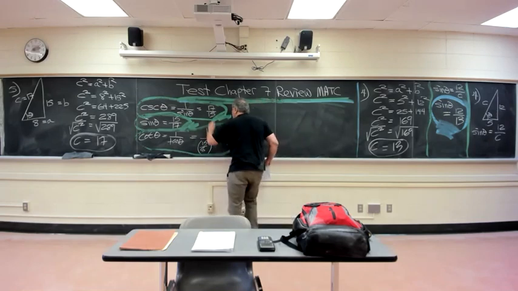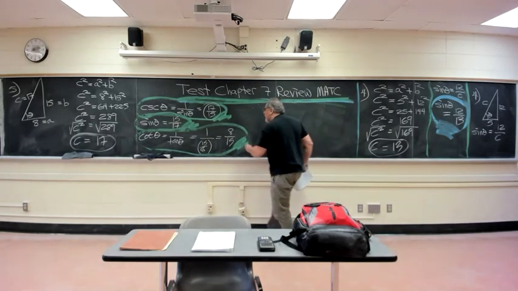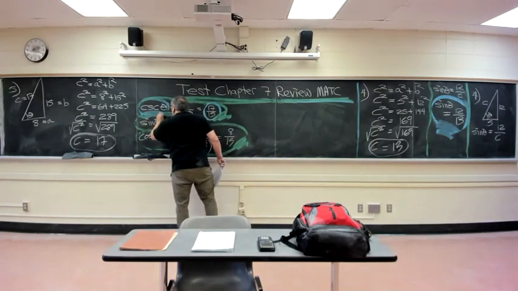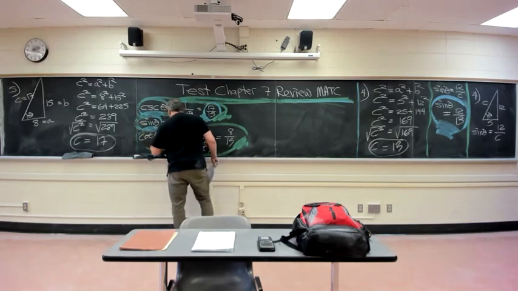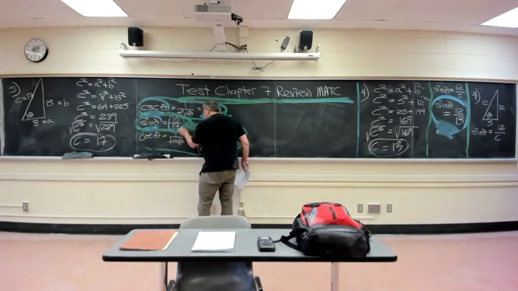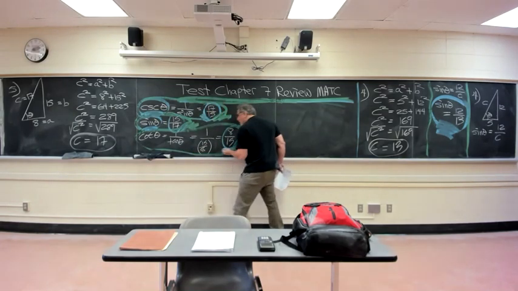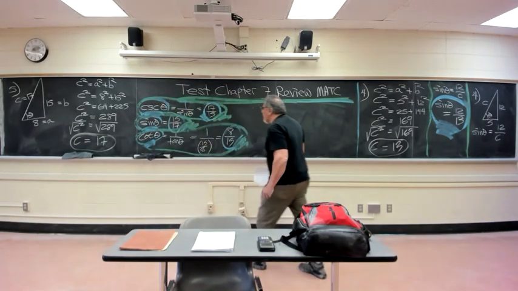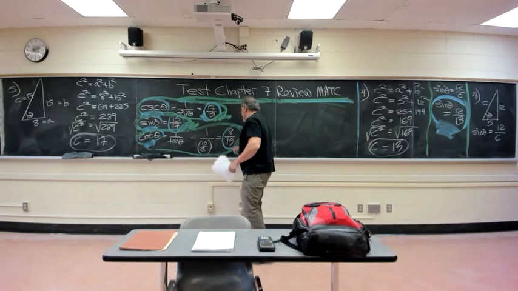Okay, so at the end of the day, cosecant of theta is 17 over 15. Sine of theta is 15 over 17. Cotangent is 8 over 15.